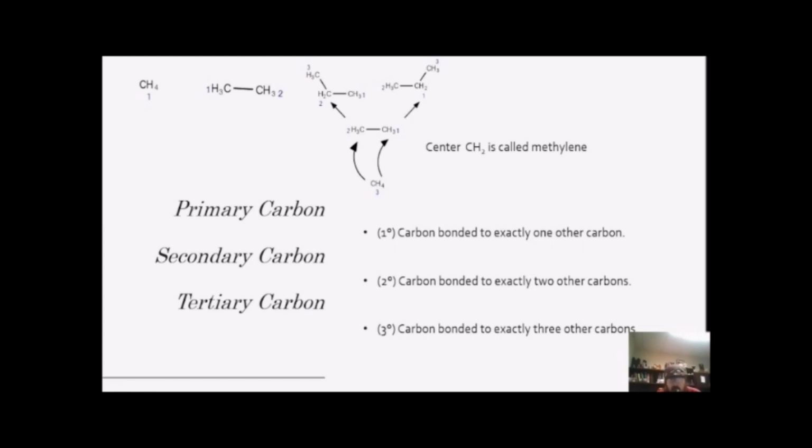A secondary carbon is bonded to 2 carbons, so that center carbon would be considered secondary. A tertiary carbon is bonded to exactly 3. There's none shown in this picture, but we'll see some later. And a quaternary carbon, which we won't really see because it's very uncommon, would be a carbon bonded to exactly 4 other carbons.